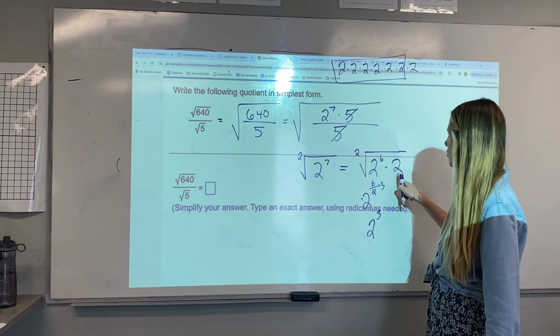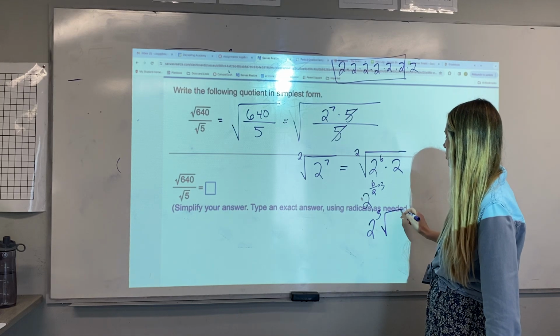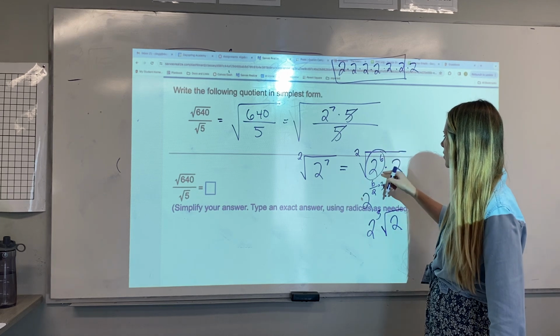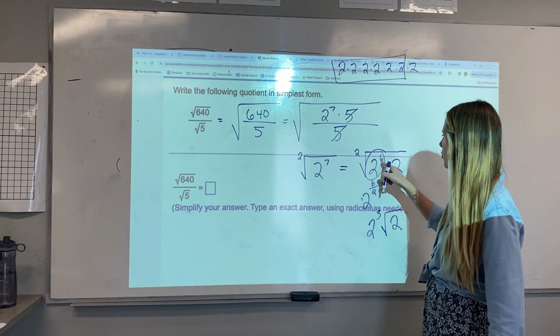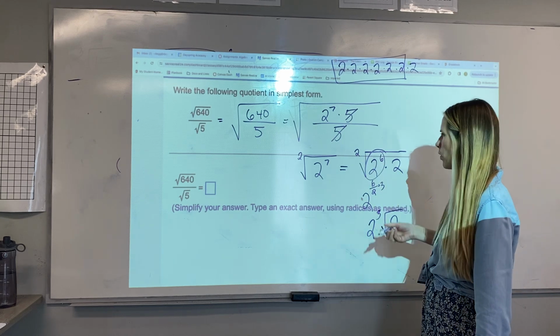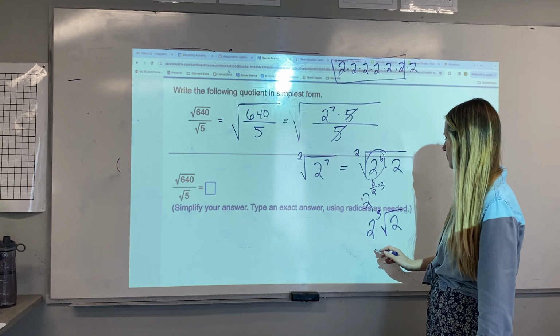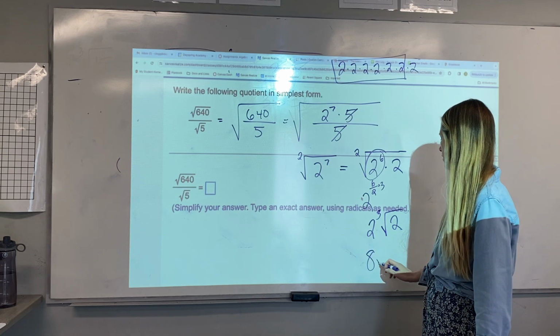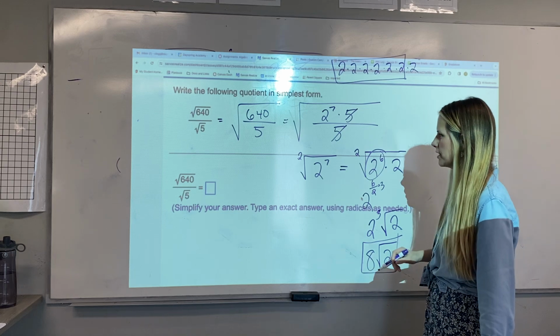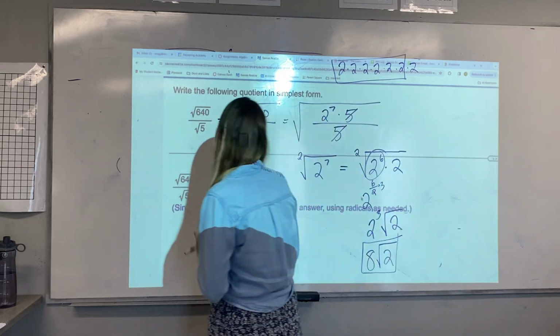Then I still have this 2 in the radical cage. And now I have 2 cubed, which is what? 8. Oh, sorry. It's okay. 8 times radical 2. That's my final answer.